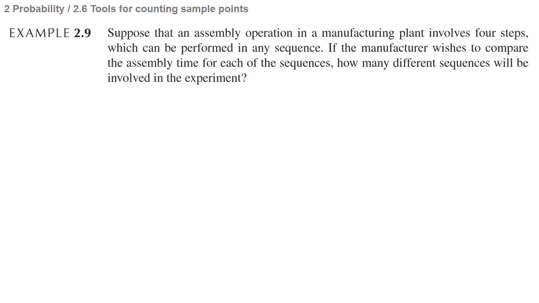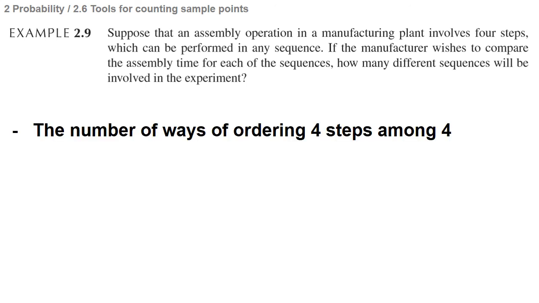Okay, so how many different sequences will be involved? Here, you are ordering these 4 steps. So actually, it's the number of ways of ordering 4 steps among 4, which is 4P4, and which is 4 times 3 times 2 times 1 equals 24. Okay.